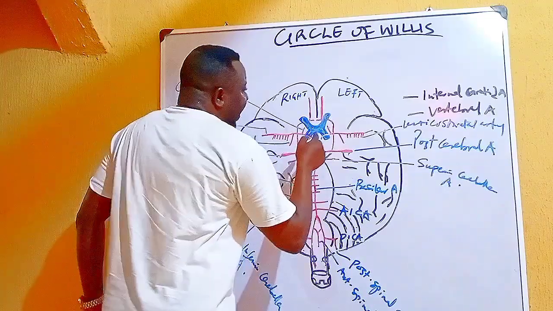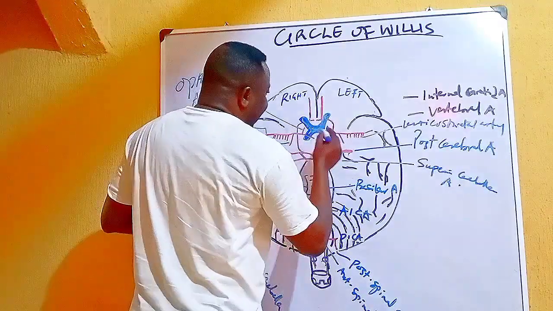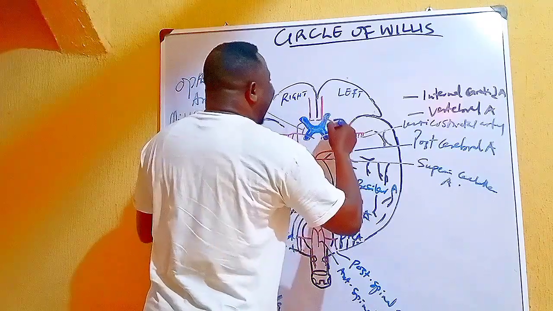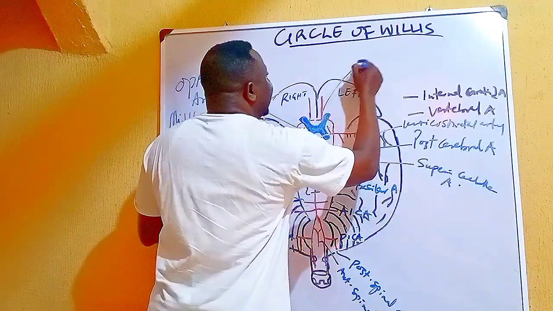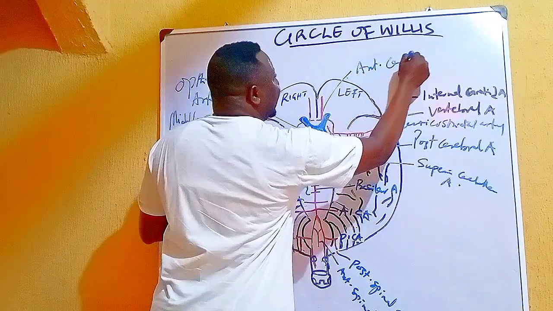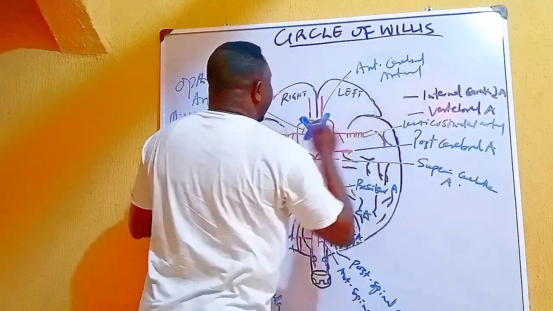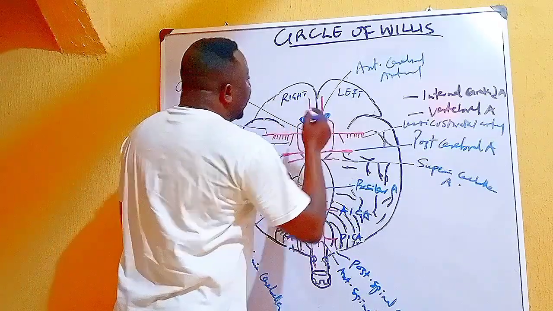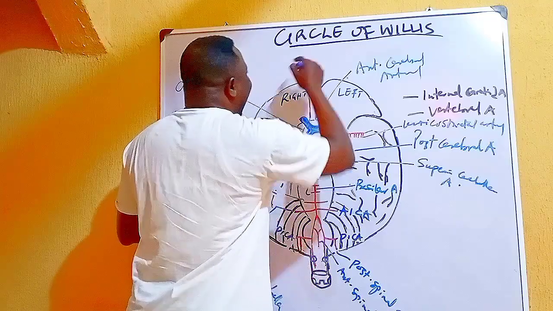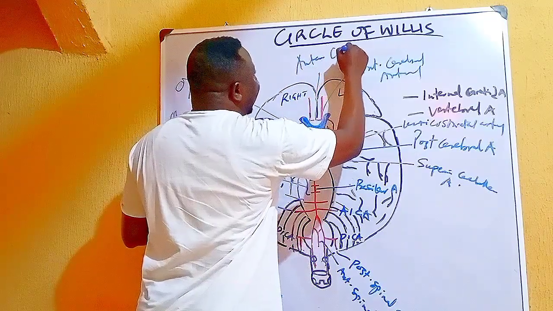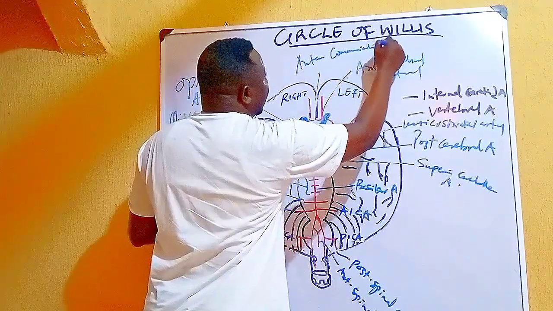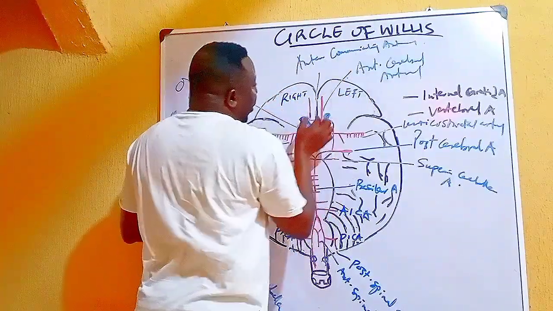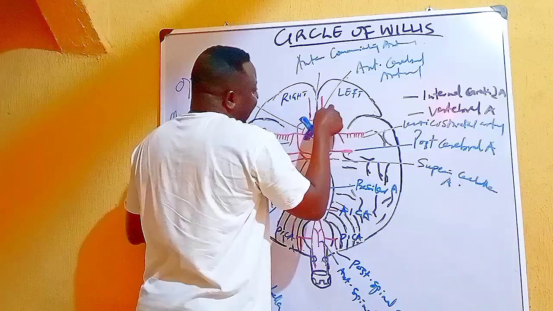Then there's another branch of the internal carotid artery that is known as the anterior cerebral artery. The anterior cerebral arteries are two, and they are connected by what is referred to as the anterior communicating artery.